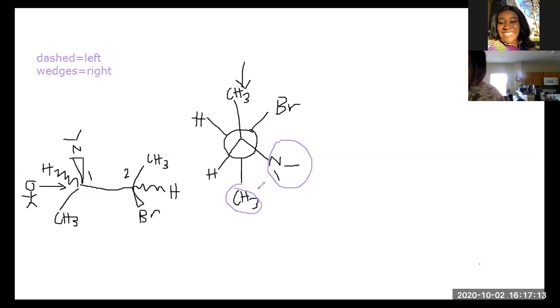So in order to stabilize it, you keep one of the carbons the same. I usually keep the back carbon the same, so you'll keep it the same here.